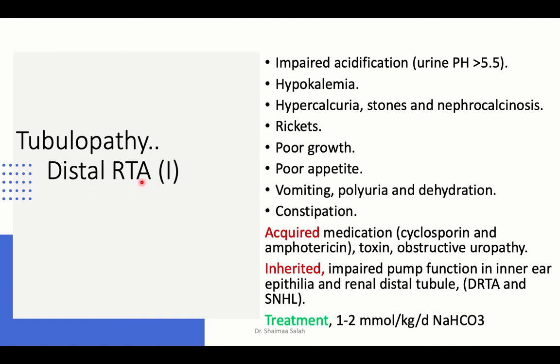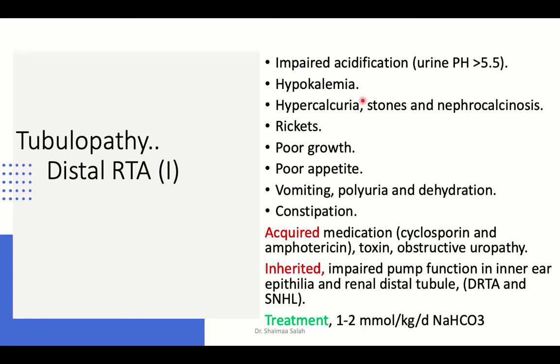To revise, distal RTA or type 1 is caused by impaired acidification. The pH of urine will be more than 5.5, associated with hypokalemia. We lose potassium in urine here to keep sodium, due to excess sodium bicarb loss. So potassium will be excreted in exchange for sodium.